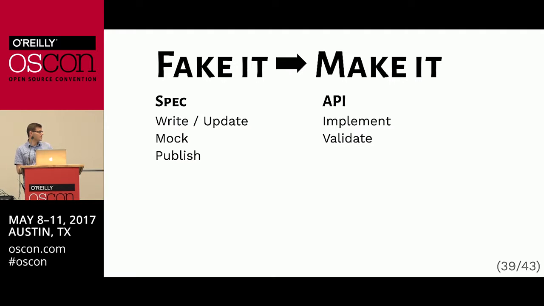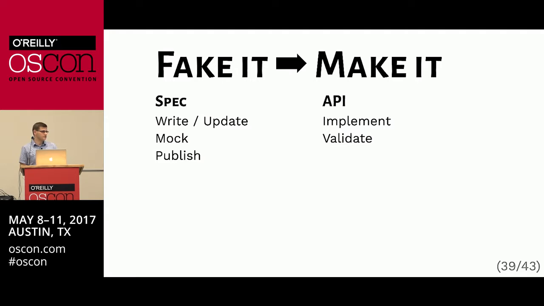So I'll do just this one slide, basically to wrap up a little bit of the process Dave was talking about. So we start with the spec, and either we're doing a completely new development, writing a brand new spec, or we're updating a spec for a feature, and we're going to see a little bit of both. Then the first benefit you get out of it is a mock server you can give your clients.